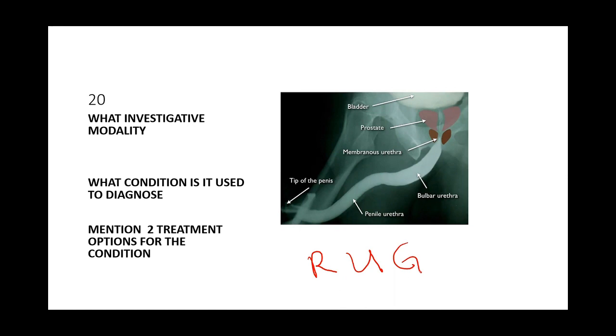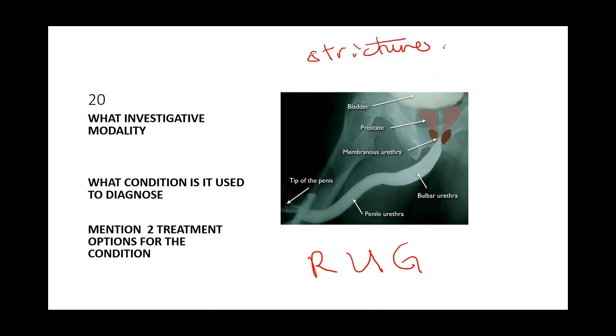Retrograde urethrogram. What condition is it used to diagnose? Obstruction. Urethral obstruction. Anterior urethral. It's urethral.